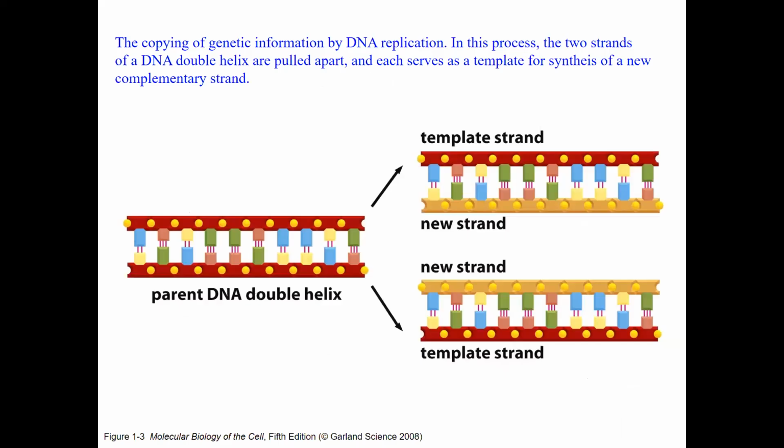Here is a very simple diagram showing how DNA is copied. And the parent DNA double helical structure, here you can see. And the template strand is formed when it is unzipped and a single strand is formed, and then a new strand is synthesized, which is complementary to the single-stranded one, and makes the two DNA.